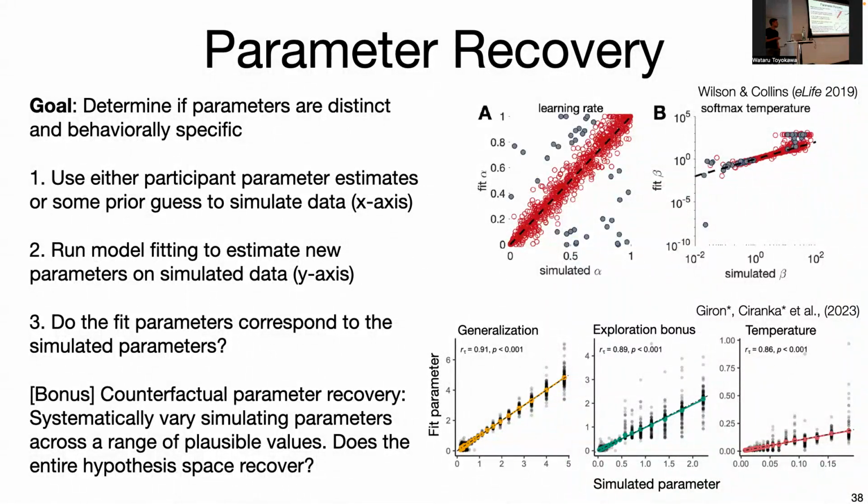So for instance, keeping one of these parameters fixed and then modulating the rest of them across some plausible range. So you didn't get data in those configurations of parameters, but you might test in this parameter recovery if you can also reliably recover parameters across a range of plausible parameter values.